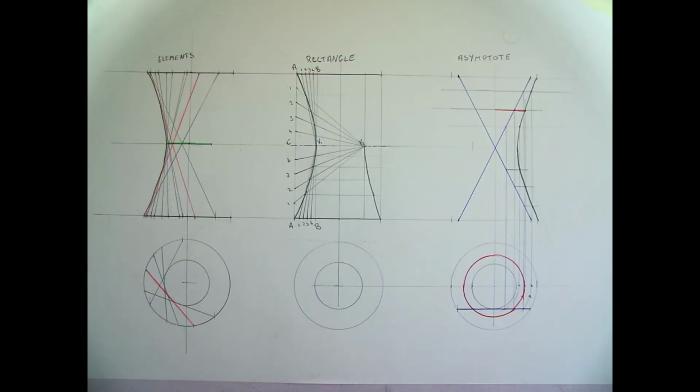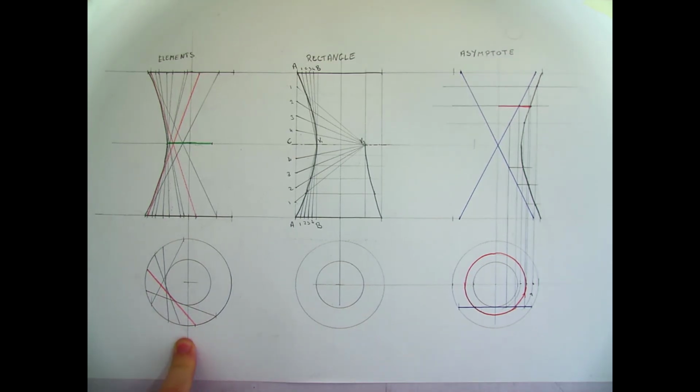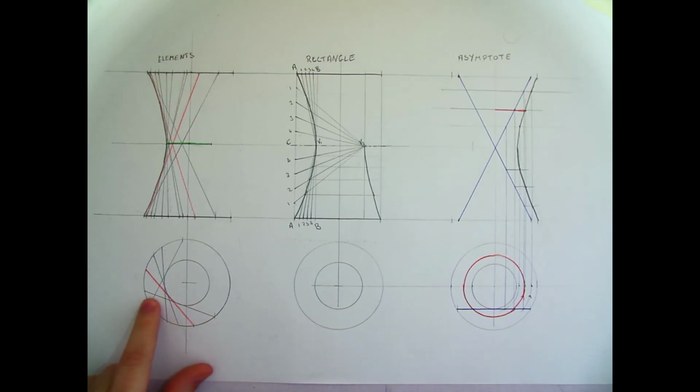So here we have three different methods for drawing the hyperboloid of revolution. We have the elements method, where we take random lines tangential to the throat circle, find them in the elevation, and join them together to start to form the curve. The second method is our rectangle method, where we are using the construction for the hyperbolas that we used for conic sections.